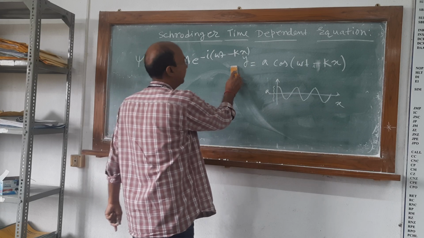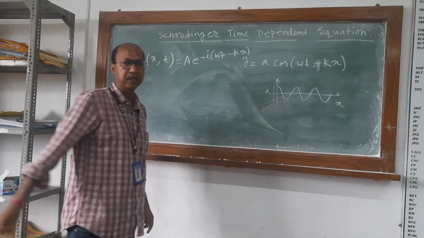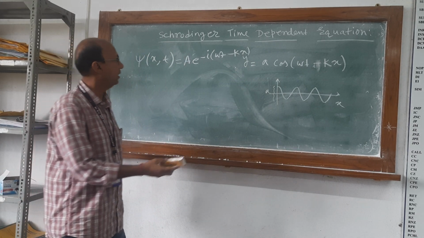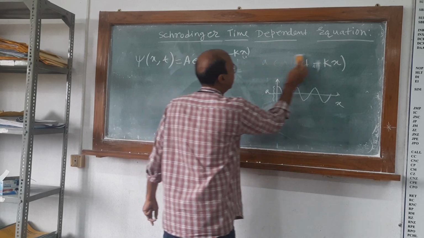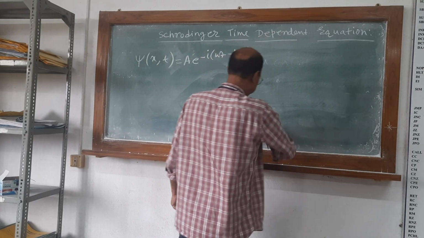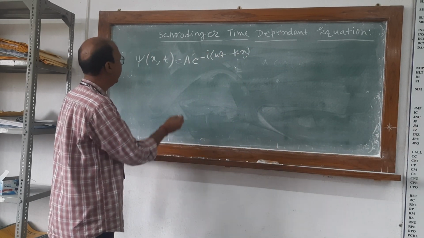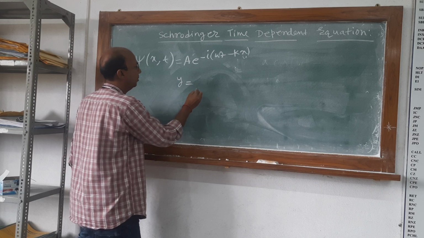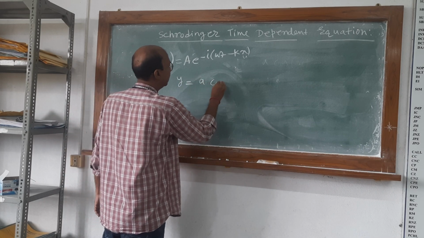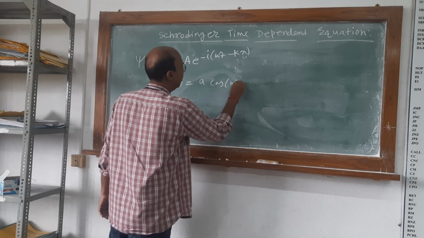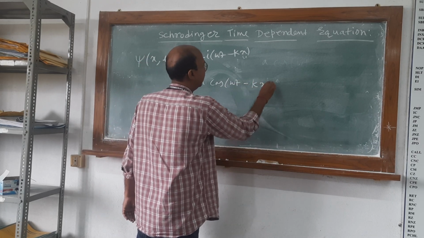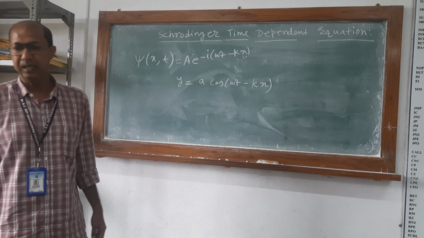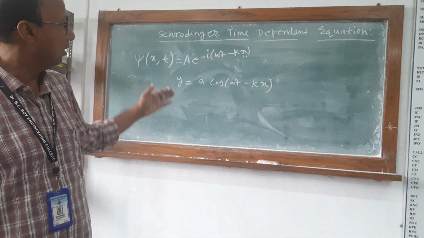Now, between this equation and this equation there is no basic difference, because we just imagine any wave equation in classical mechanics, y equal to a cos(omega t minus kx). This is the natural classical wave equation.